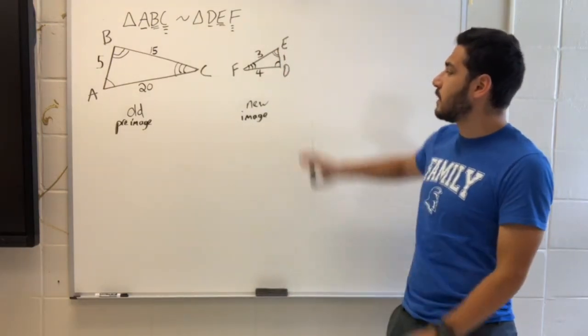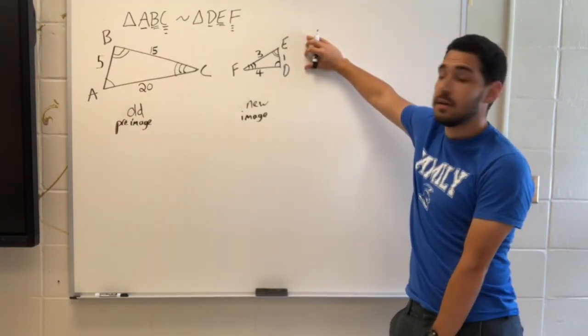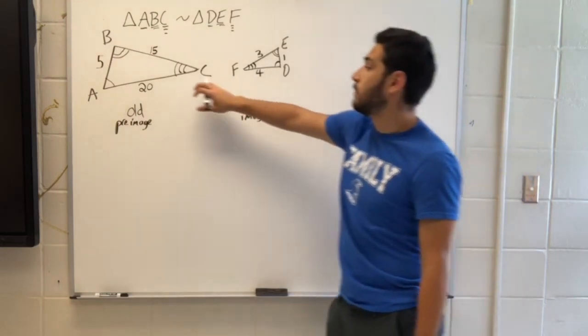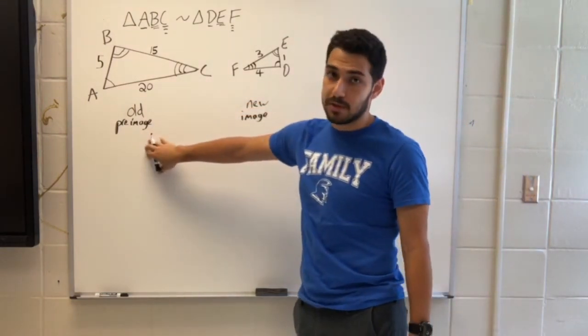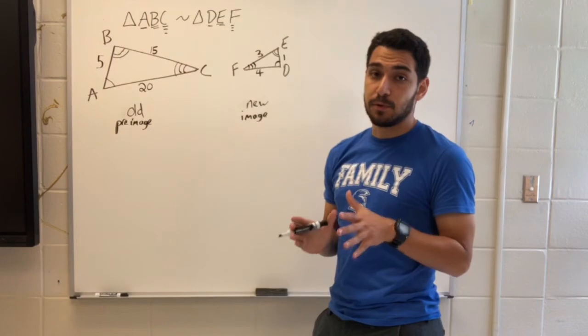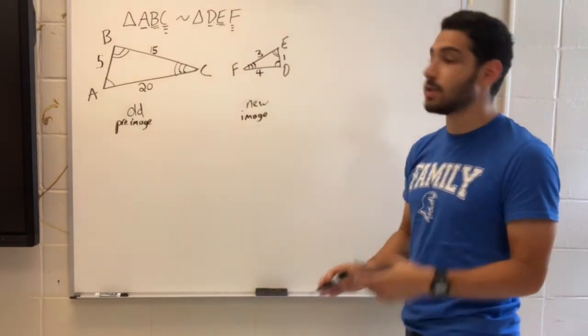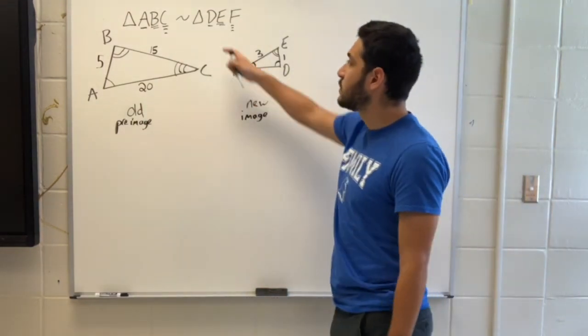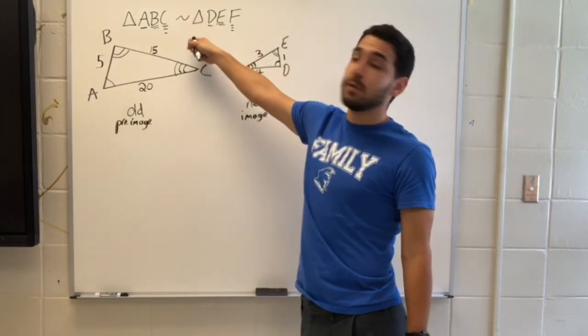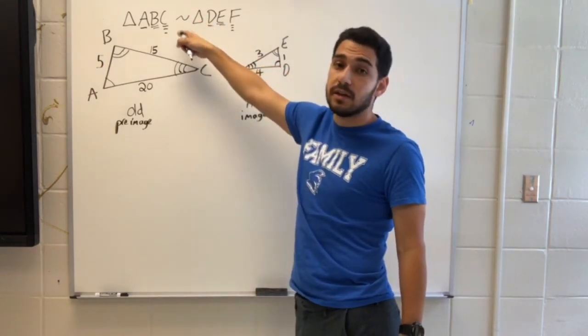In this example, I'm going to use the small triangle as my image and the large triangle as my pre-image. So when I find the proportions, if I want to see if it's proportional, I'm going to set up a ratio using the corresponding sides. I know which sides are corresponding using the similarity statement.